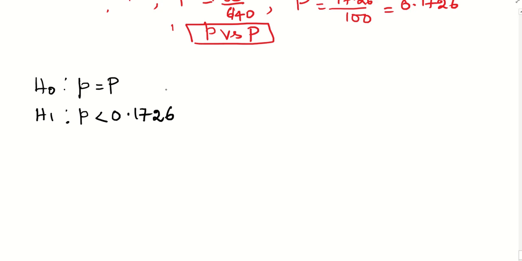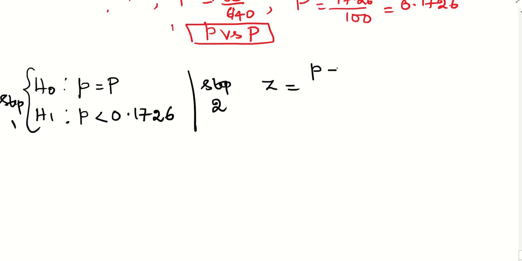Next step is we have to calculate the test statistic. So this one is step 2. The next step will be, we will be calculating the test statistic. That is, it is a formula. We are checking whether there is a significant difference between small letter p and capital letter P. So the difference has to come in the numerator, divided by under root of PQ by n.